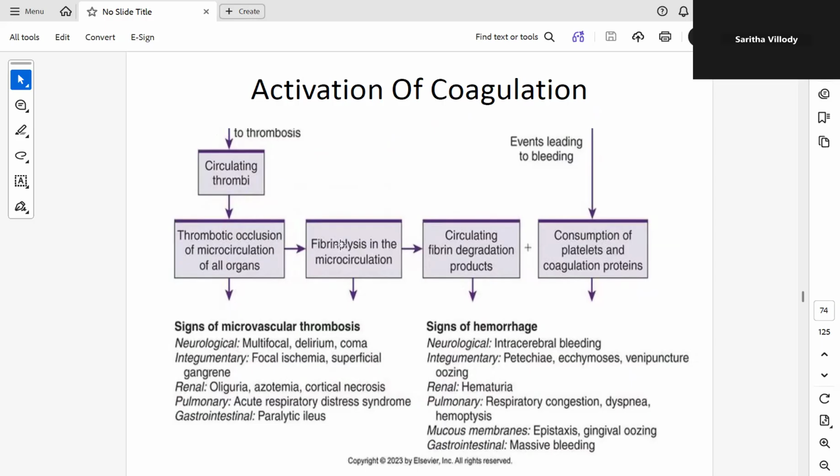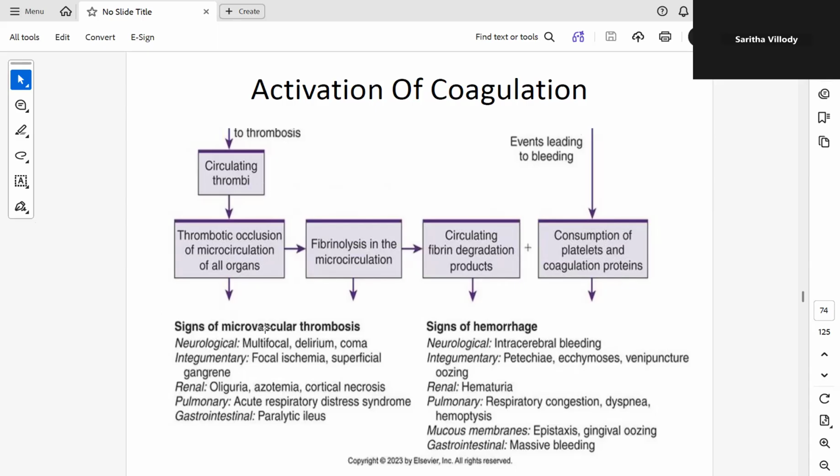Then fibrinolysis happens in the microcirculation. So fibrin degeneration happens, which causes bleeding. So one activates the other. So in the coagulation pathway, both the bleeding and the thrombus formation pathways are activated.